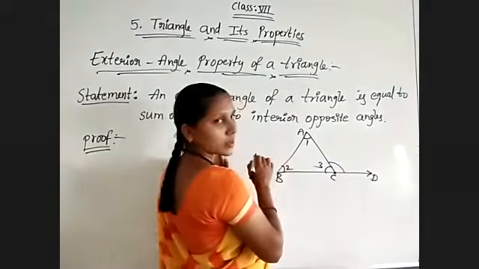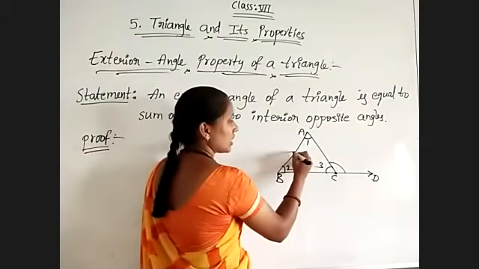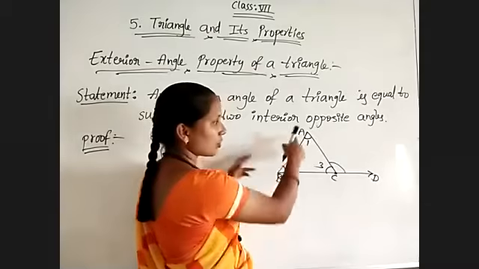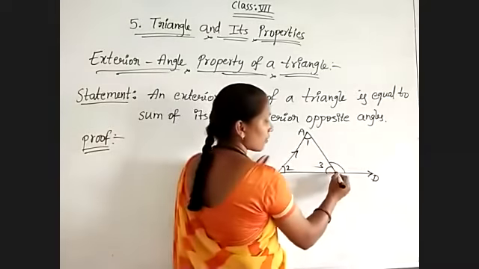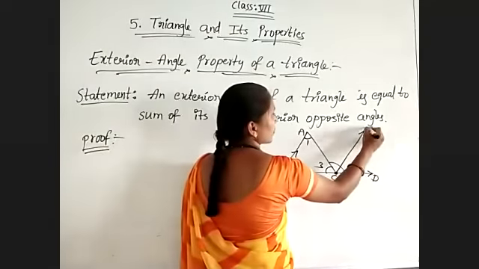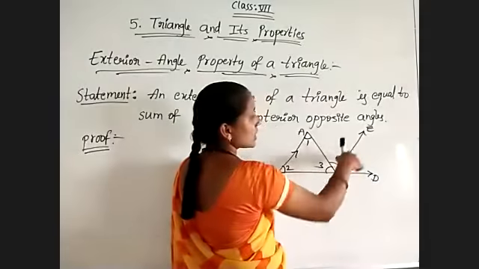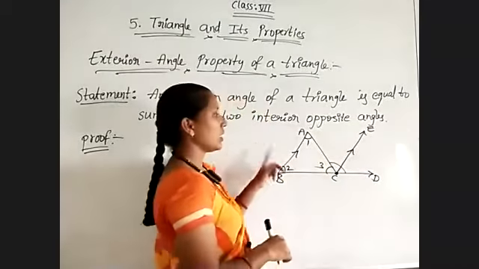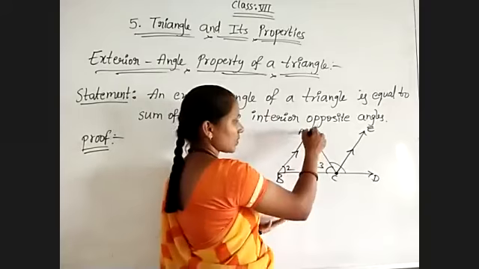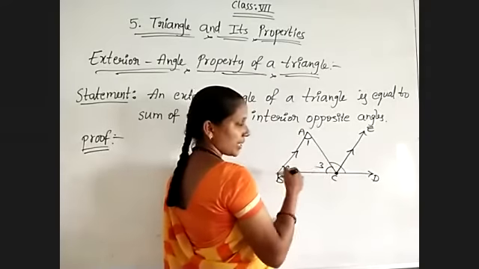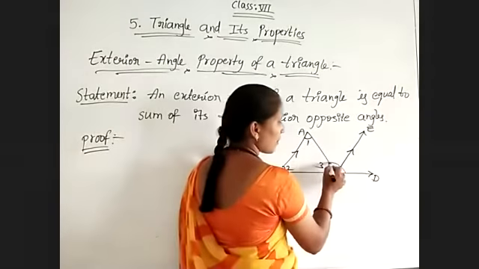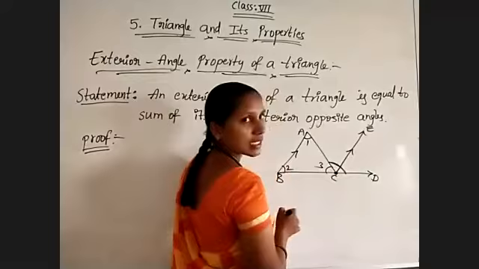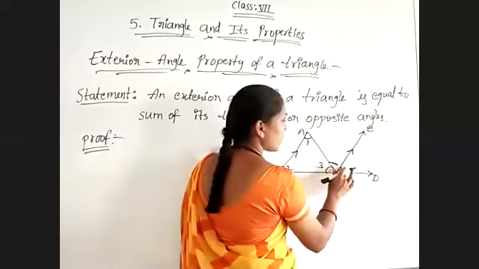And to prove this property, I am drawing a line from C which is parallel to AB. So CE is the line which is parallel to AB. In that case, we will get two transversals, AC and BC. Before that, this angle is completely the exterior angle, but it is now divided into two parts.